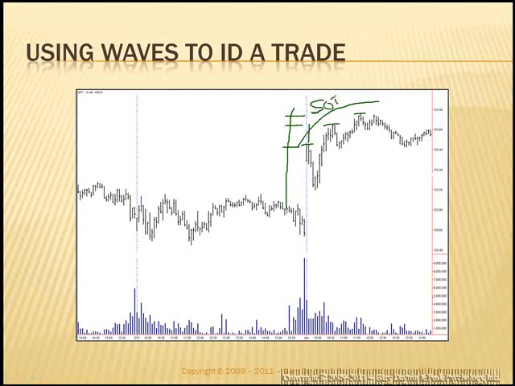So there's a little bit of a change in behavior. We have down waves here. Let's put those in red. We have a down wave here, a down wave here, a down wave here. And we were talking about up waves, and the up waves got small here. What about the down waves? They're increasing.